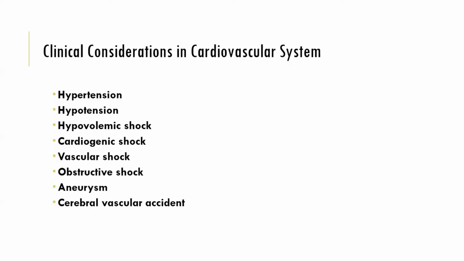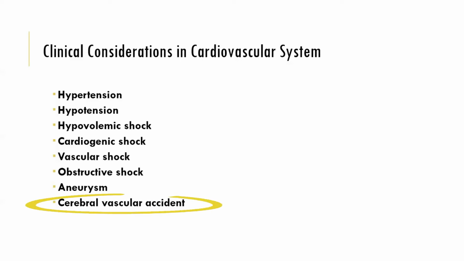So it's not always recognized as a distinct condition, because sometimes it's hard to gauge, so it may be grouped with cardiogenic shock. Then we have an aneurysm, which is the ballooning of a blood vessel, which is going to increase the risk of rupture. Then we have finally a cerebral vascular accident.